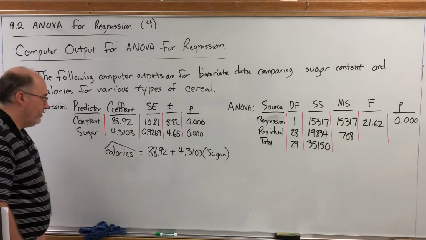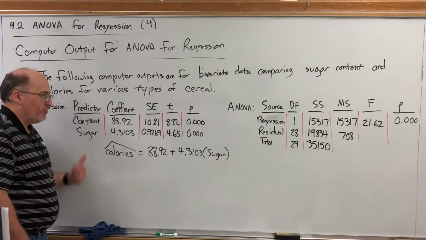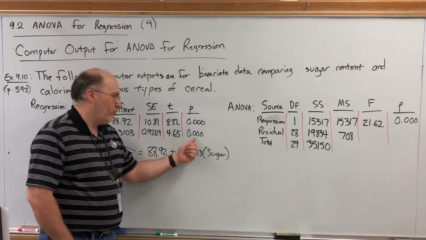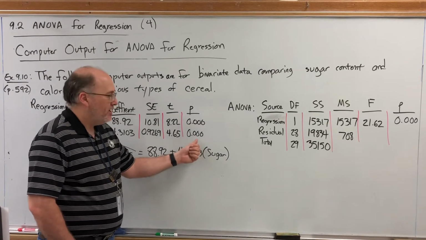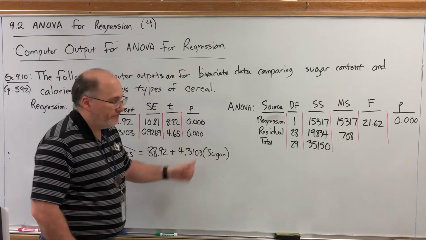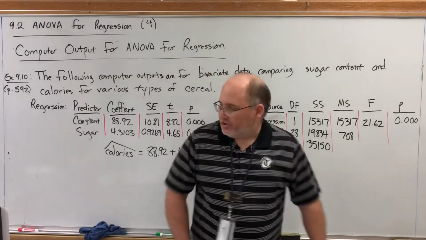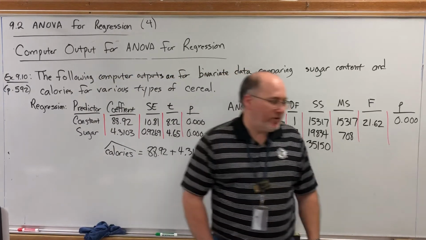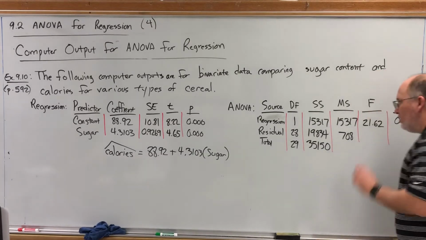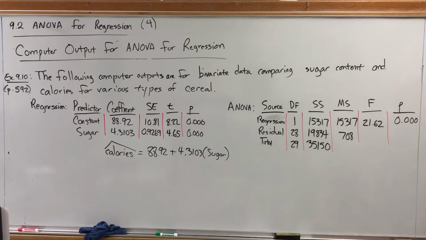What n equals. If we were testing whether or not the slope was equal to zero, we would reject the null hypothesis because the p-value is so small, in which case we would conclude that the slope is not equal to 0. But over here in the ANOVA, if we were testing the effectiveness of the model, we would draw the same conclusion based on the p-value.